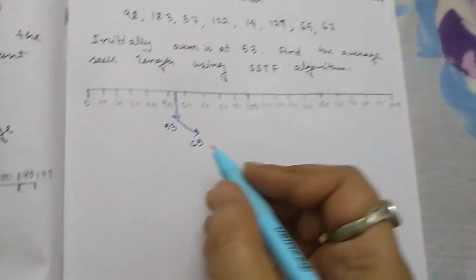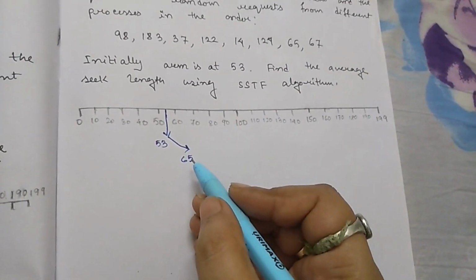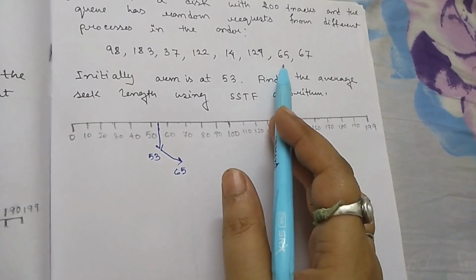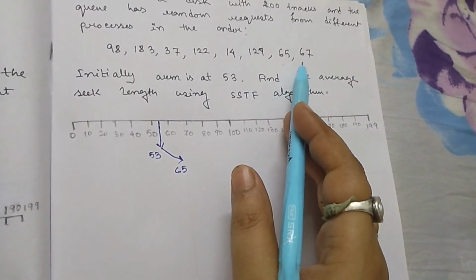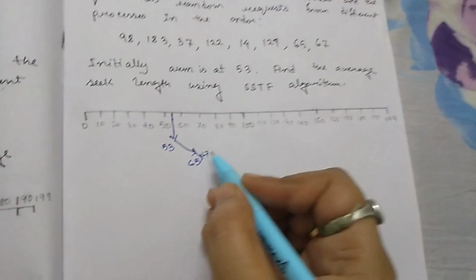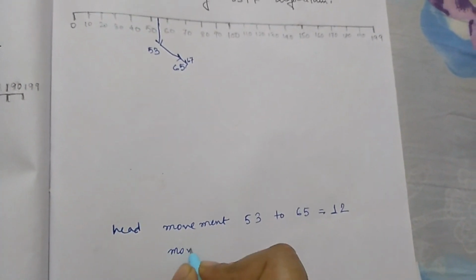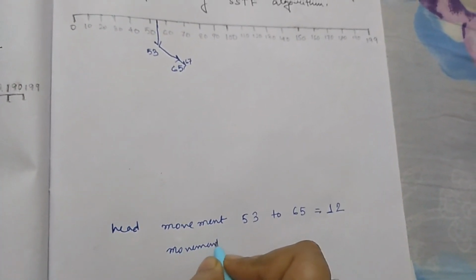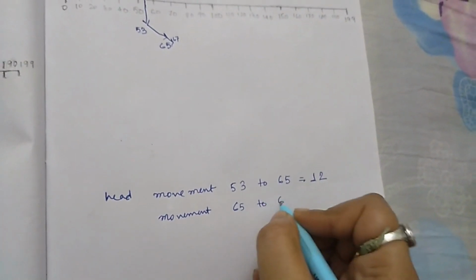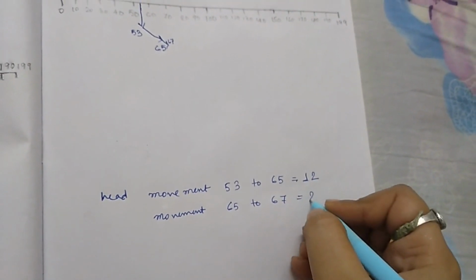Okay. The next nearest job to 65 in this queue is 67, right? So we point out 67, and again we calculate the movement, that is 65 to 67. The gap is 67 minus 65, which is 2.